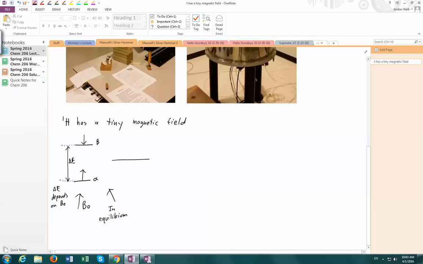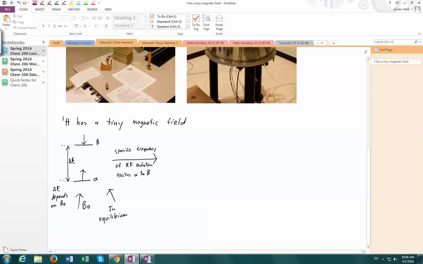And so what happens is that a specific frequency of RF radiation excites our alpha stuff to our beta stuff.